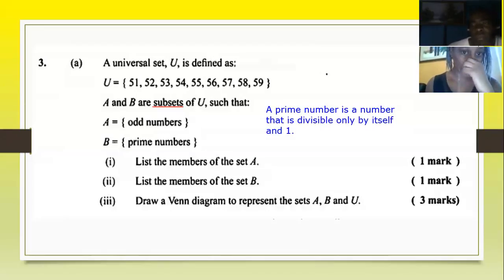One of the quickest ways is to divide 51 by 3. Divide 51 by 3 and tell me how much you get. Once you get no remainder, then you know it's not a prime number.